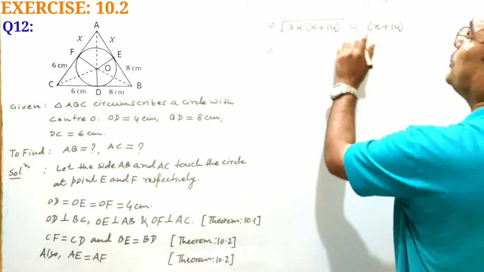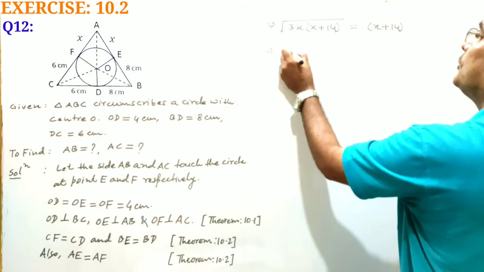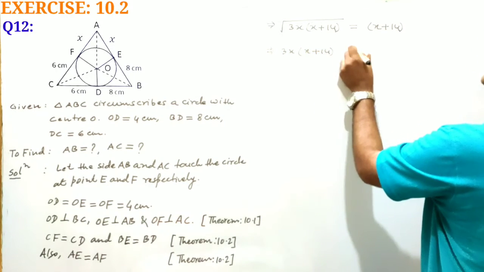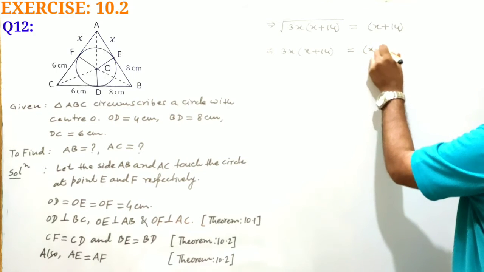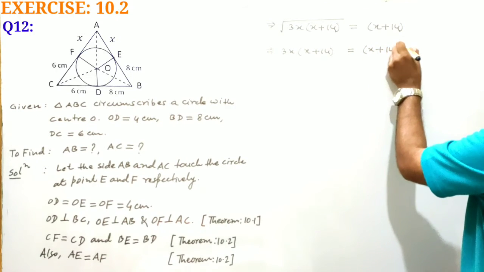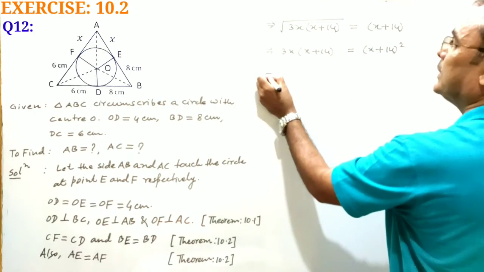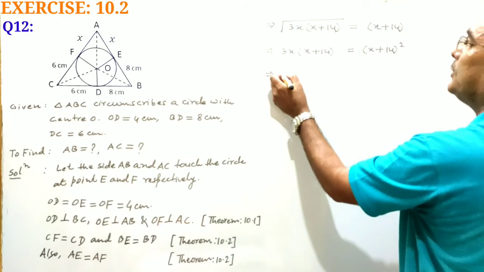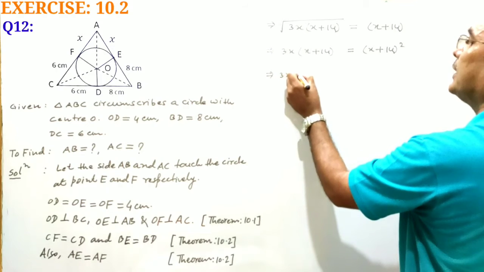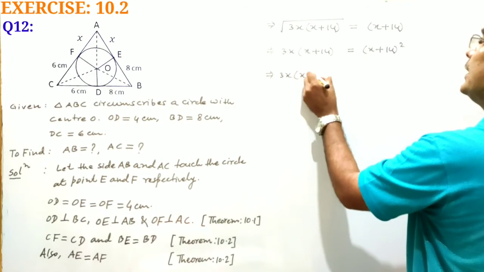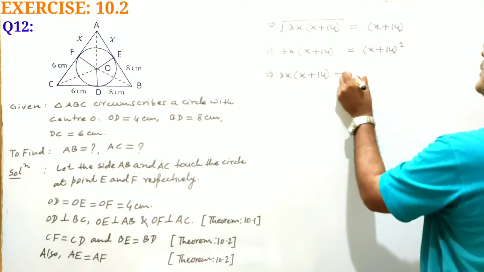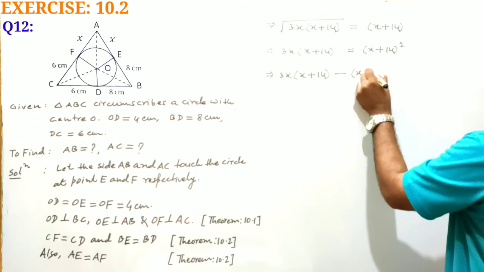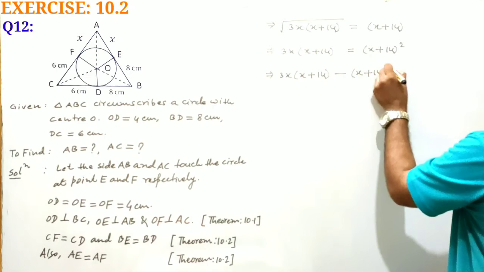So squaring both sides we get 3x into x plus 14 equal to x plus 14 whole square, and transposing this from right side to left side we get 3x into x plus 14 minus x plus 14 whole square.